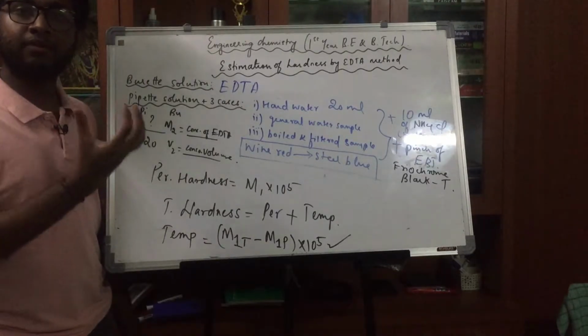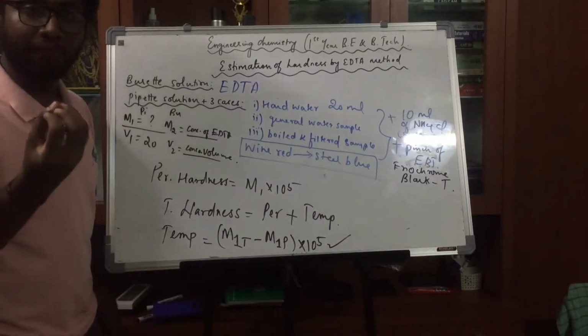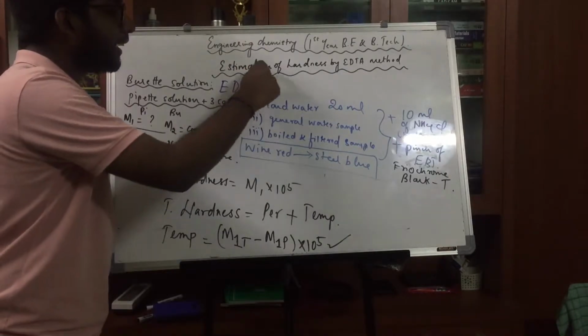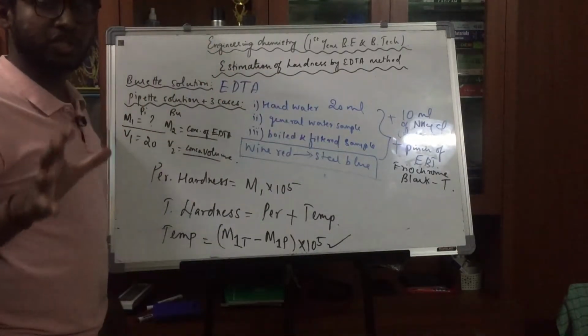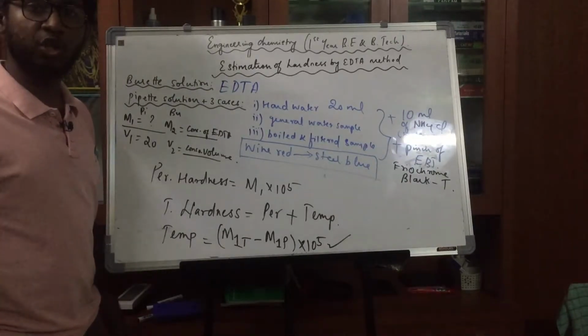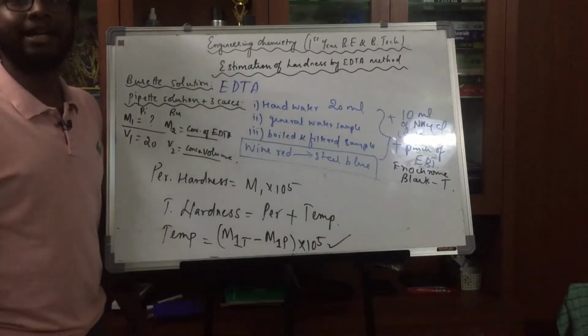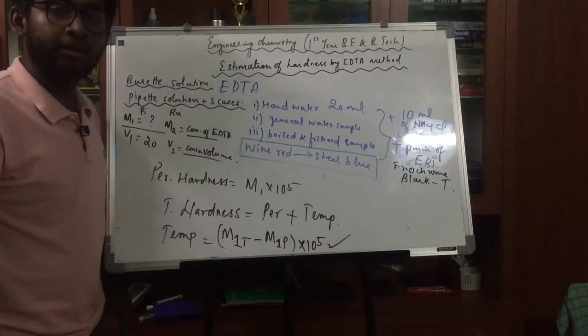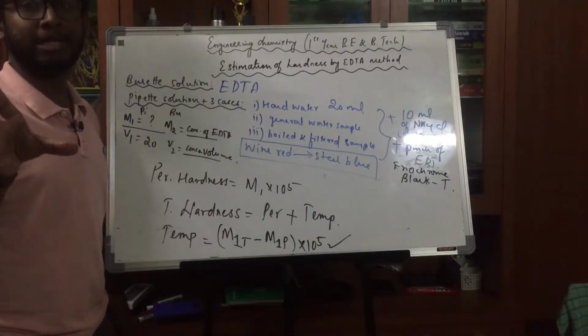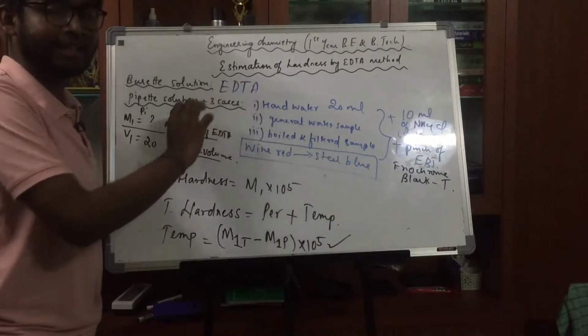This complex will give rise to a red wine color. When titration with EDTA happens with this complex in your conical flask, which is indirectly your pipette solution, you will be getting steel blue color. This is because of the reaction of that complex, which is red wine colored, with EDTA.